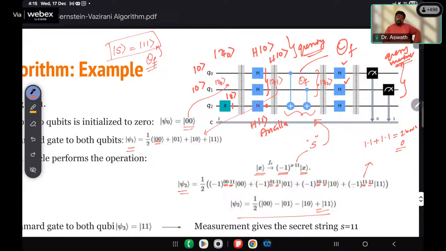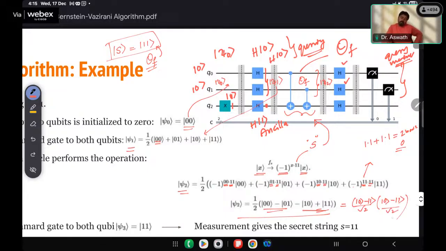Now on psi 2, I'll have Hadamards acting. You can just take the common 0 ket, or 1 ket, or a minus 1 ket as common. What you are going to get, as we saw earlier, is 0 minus 1 divided by square root of 2, 0 minus 1 divided by square root of 2.